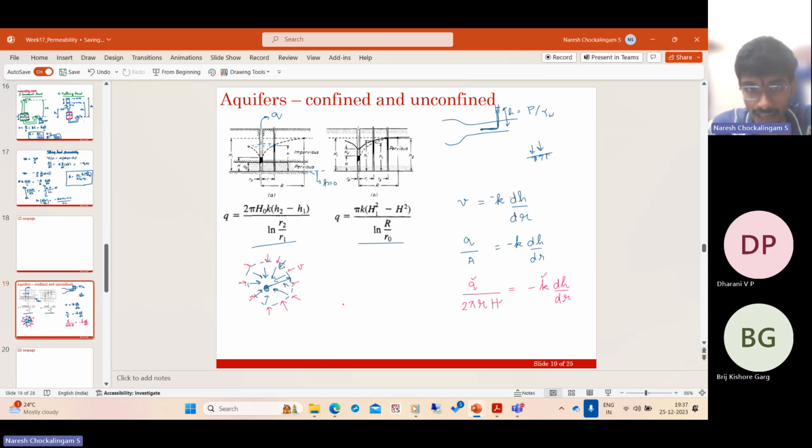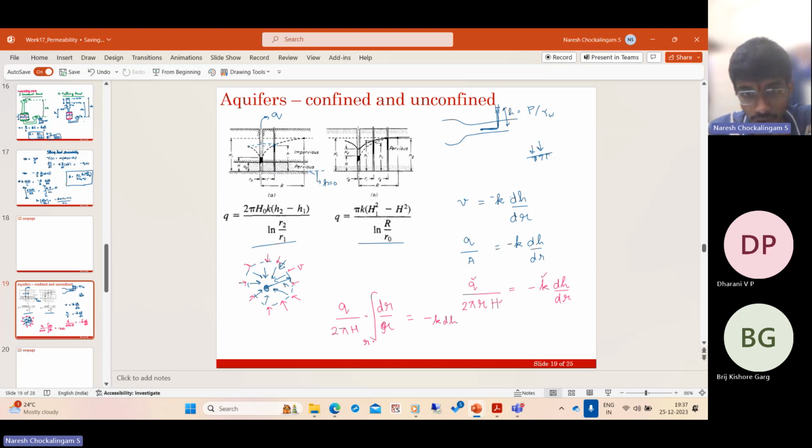Rearrange. So we get Q by 2 pi H into dr by R is equal to minus K dH. Now integrate on both sides.